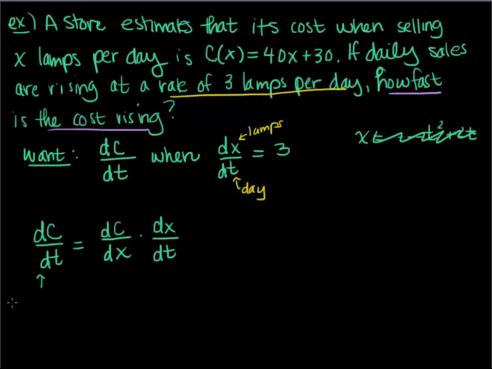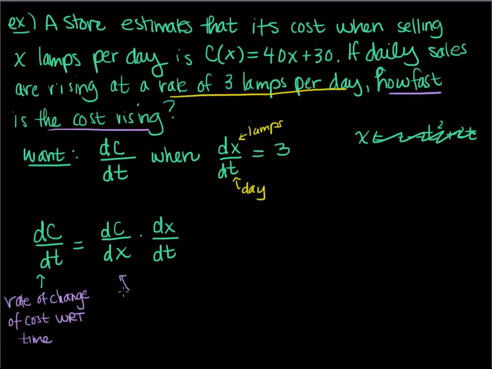What is this guy here? Let's write this down really quick, because again, half the battle is understanding what this means. This right here is the rate of change of cost, that's what that C is on top, with respect to whatever is on the bottom, time.